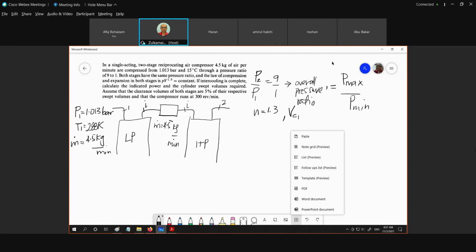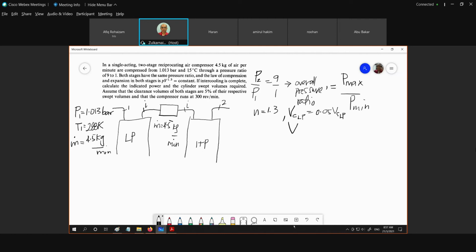Okay, VC untuk LP is equal to 0.05 VS untuk LP.